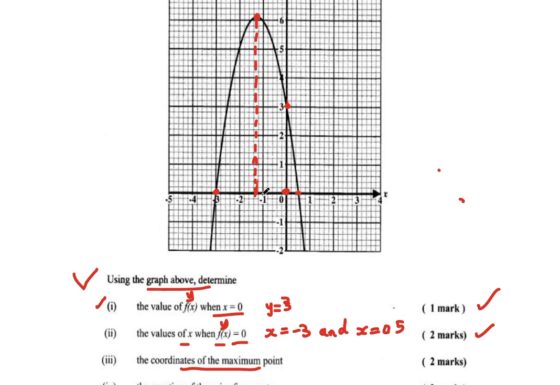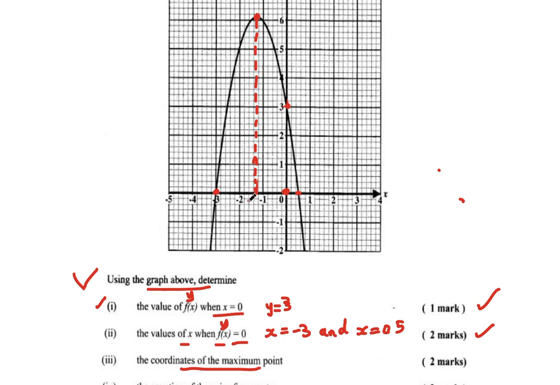For example, this will be negative 1.2 here, then negative 1.4, then negative 1.6, then negative 1.8, and then negative 2. It means, therefore, that the point in between negative 1.2 and negative 1.4 will be negative 1.3.